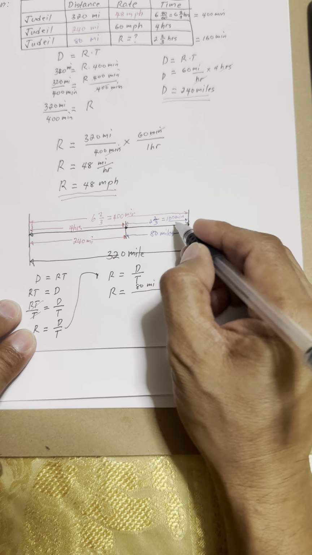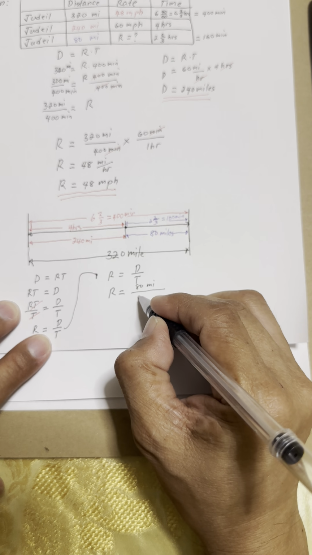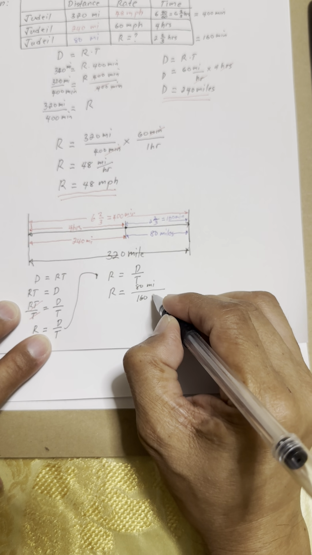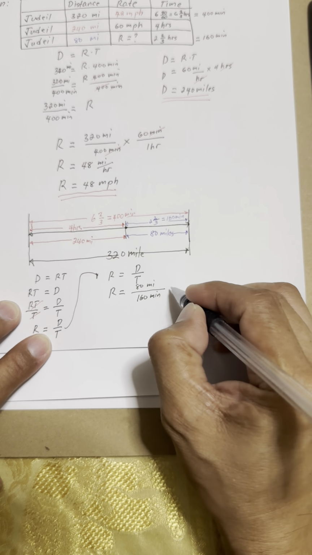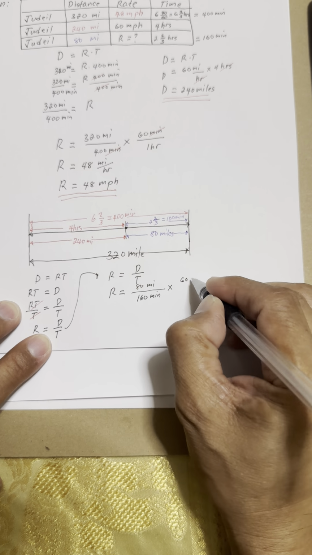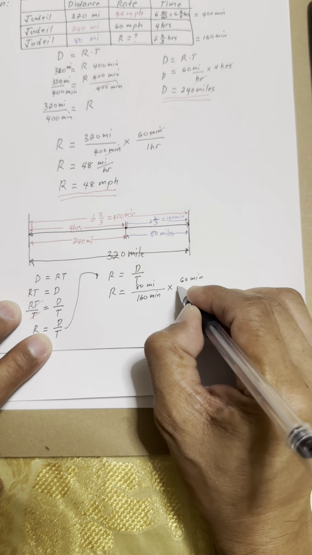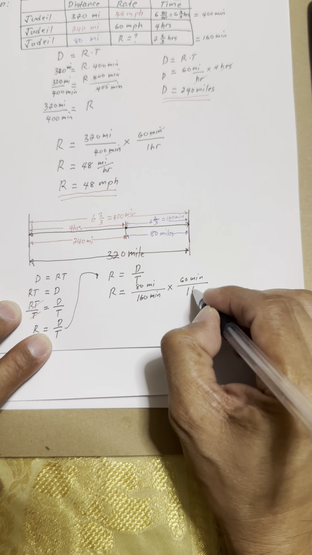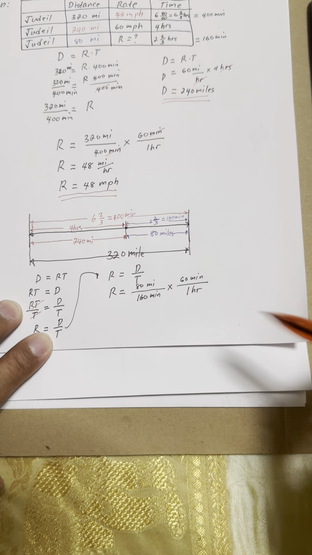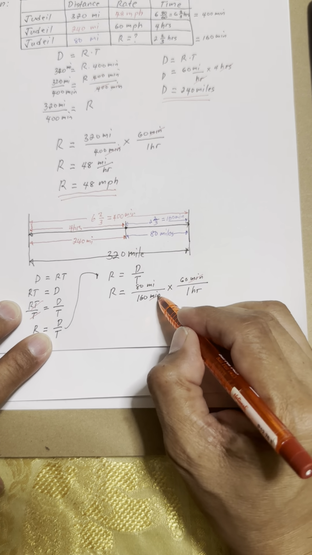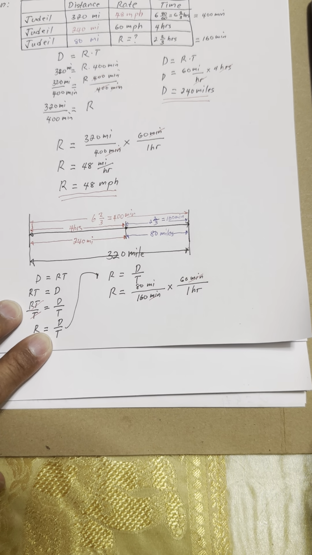So I will use the minutes, which is 160 minutes. I'll just multiply this by 60 minutes in 1 hour, or per hour. So we have minutes at the numerator, minutes at the denominator, which cancels out.